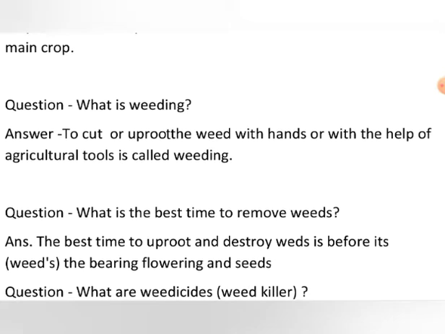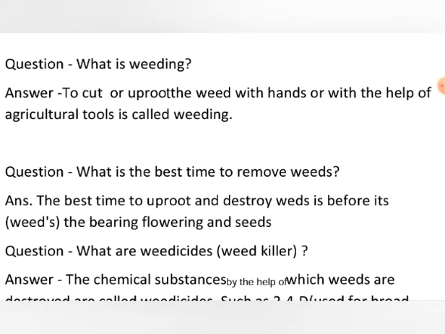Now there's another question. What is weeding? Weeding is to cut or uproot the weeds with the hands or with the help of agricultural tools. When a farmer observes the weeds in the farm, he uproots them manually.